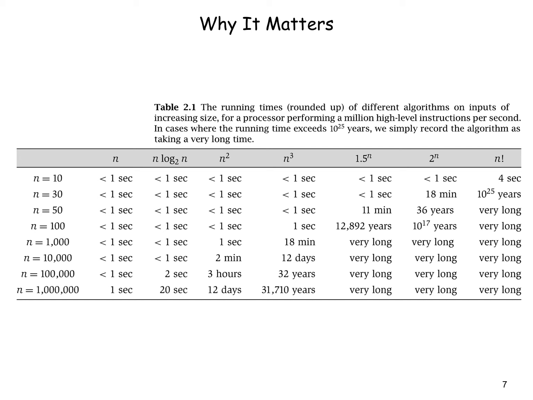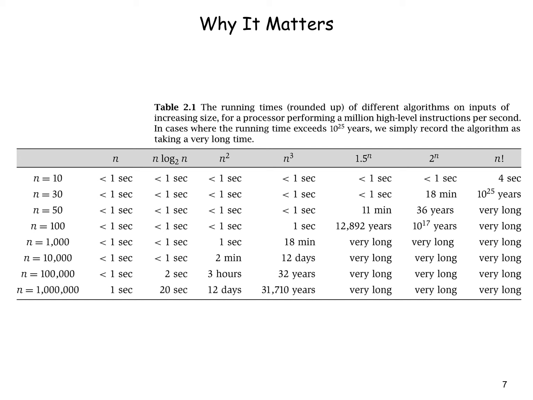So why does this matter? Why does all of this time and exponents matter? Well, it matters because of how fast computers are. Now, this table's fairly old because it's just talking about a processor that can perform only 1 million high-level instructions per second. That's not the case these days. You're probably closing in on 1 billion high-level instructions per second.